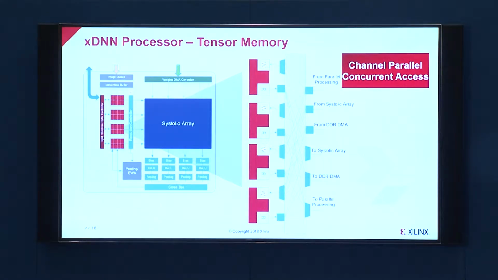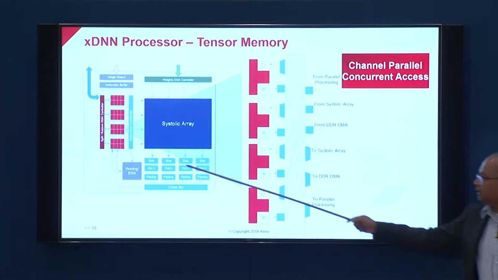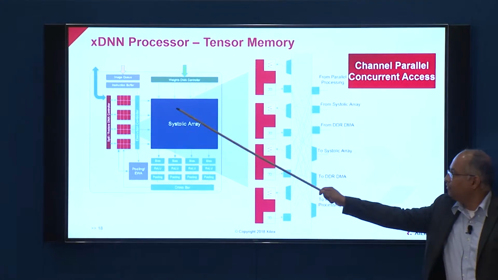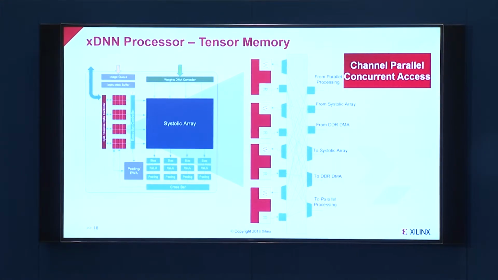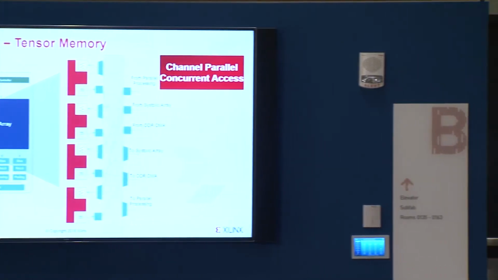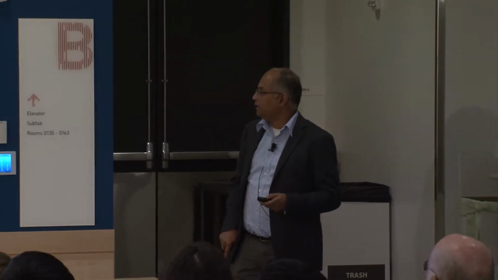So for example, it can write to the systolic array, and simultaneously read from the systolic array. It can move data to DDR RAM if this particular thing is overflowing, or for that matter, it can run pooling while it is doing convolution in the systolic array. So this is a customized crossbar, and we can tune it for specific requirements.